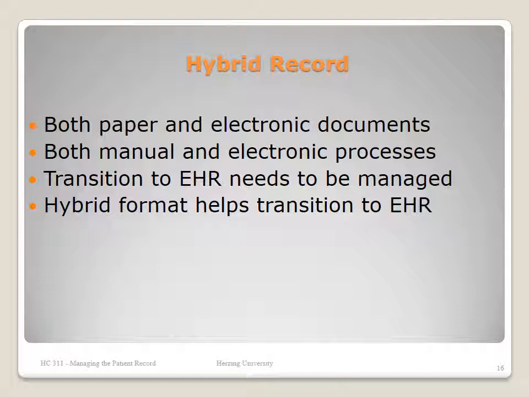For example, when migrating to an electronic medical record, the old paper files will still need to be managed or maintained as they previously were. The new electronic documentation will also need to be managed according to the new guidelines set forth in the EHR adoption.